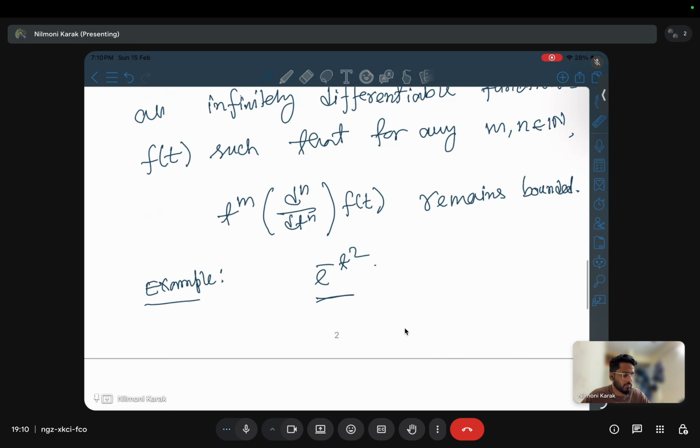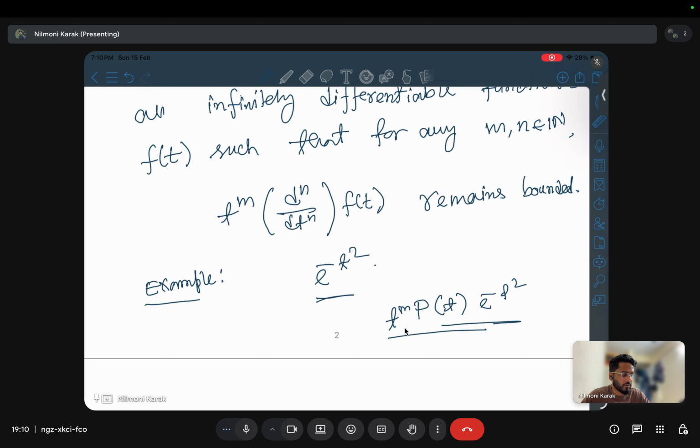Because if you compute the nth derivative, roughly it will be some polynomial times e to the power minus t square, and if you multiply with t to the power m, it remains a polynomial.